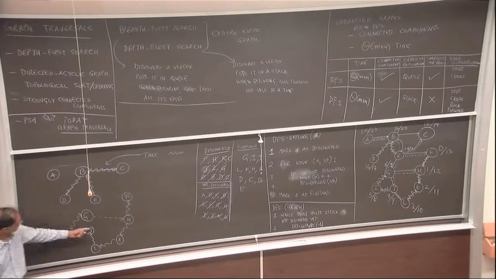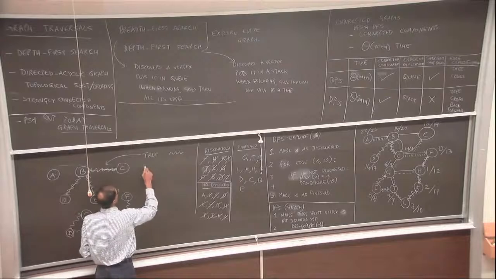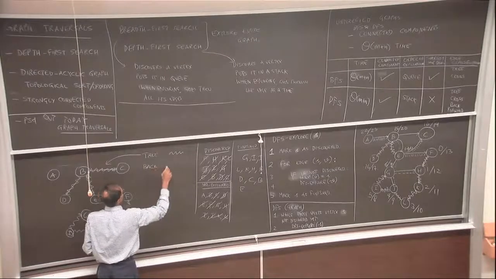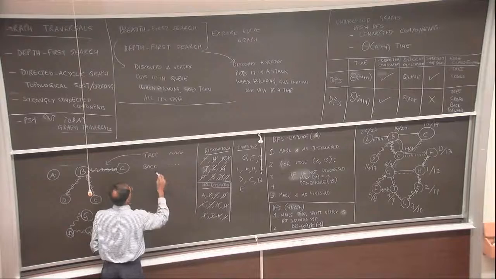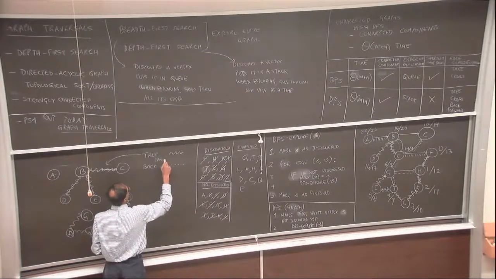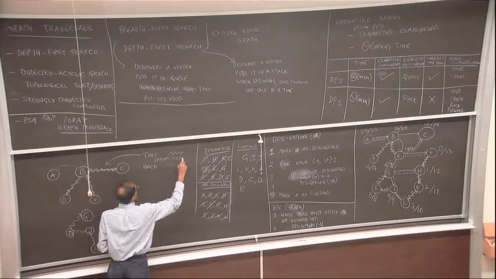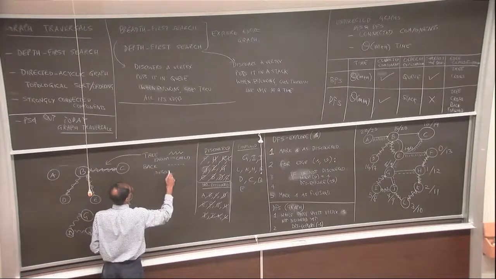G to J. Another example? B to E. So those edges are called back edges. Tree edges go from parent to child, and back edges go from descendant to ancestor.